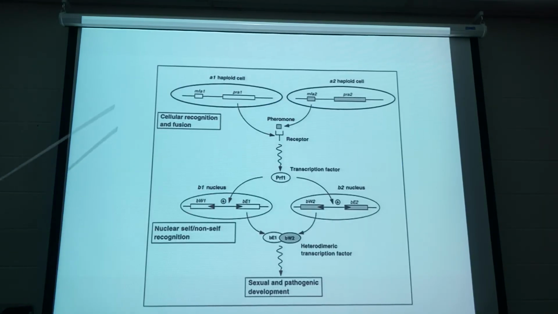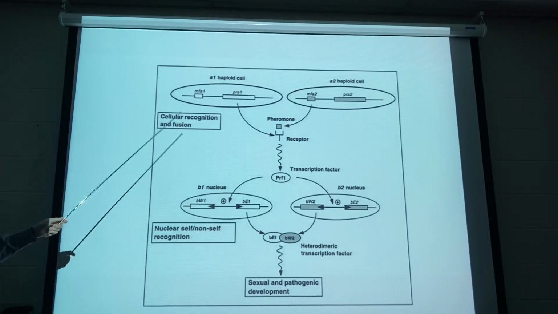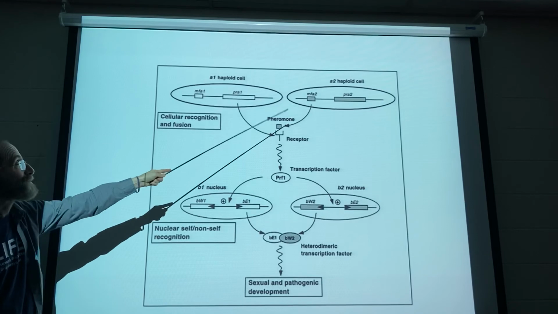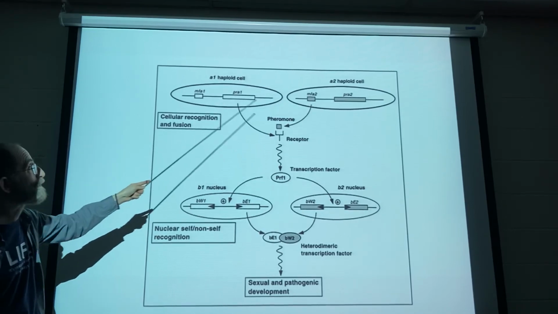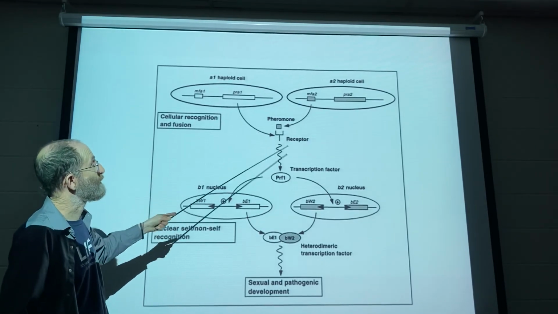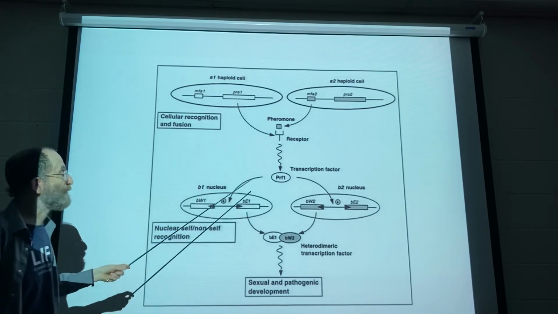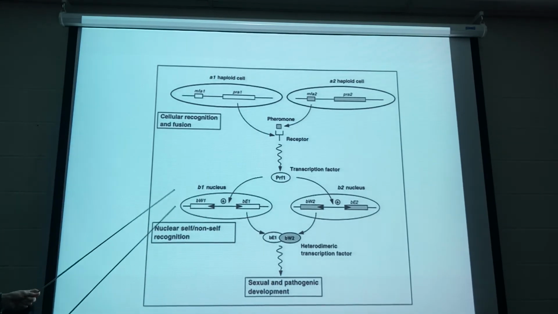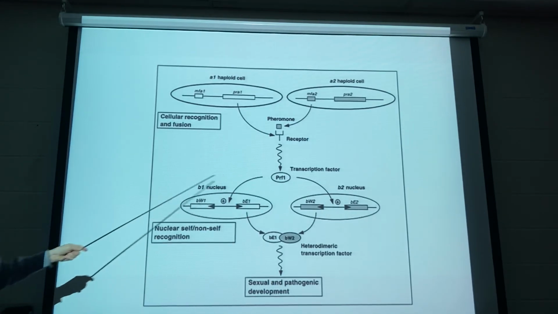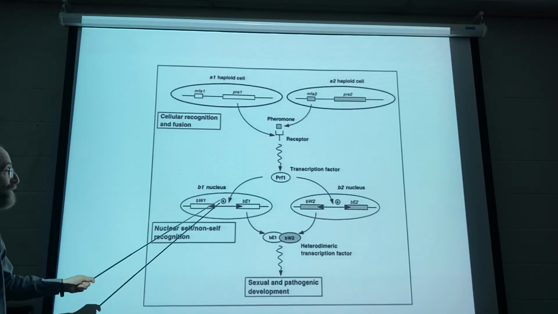Okay, and then this just is a reminder of what we just talked about a few minutes ago. Again, a difference in the A locus means that they produce a pheromone and receptor that are compatible, so you get cell fusion. And then subsequently, when the cell fusion happens, you've got the different B loci.